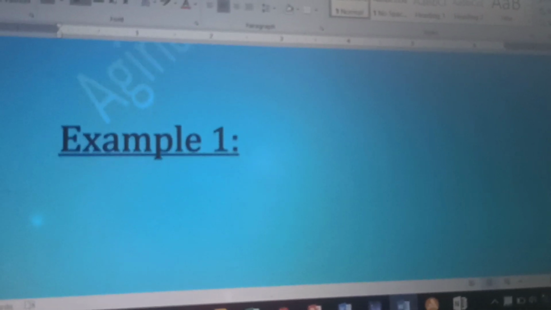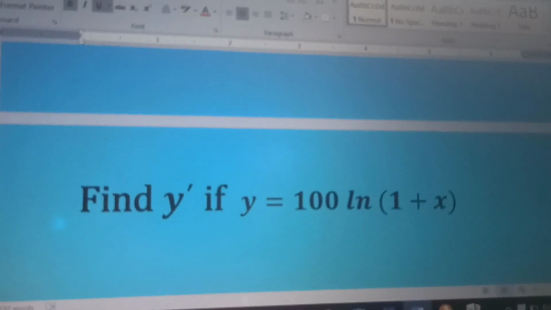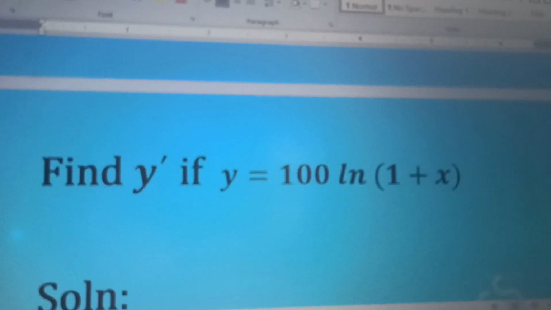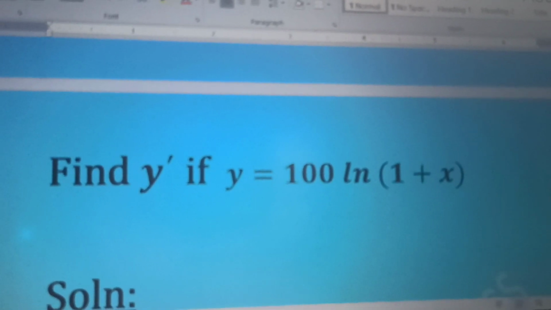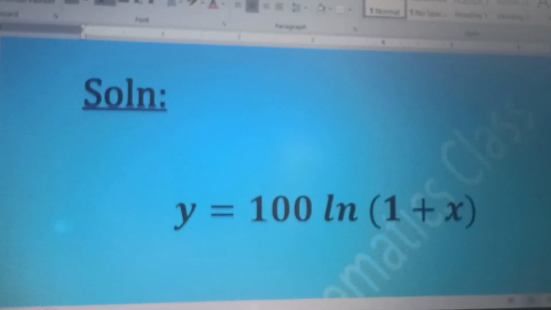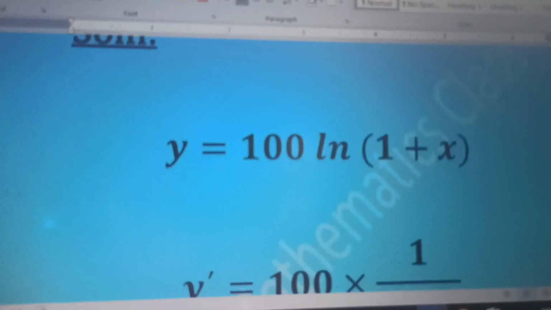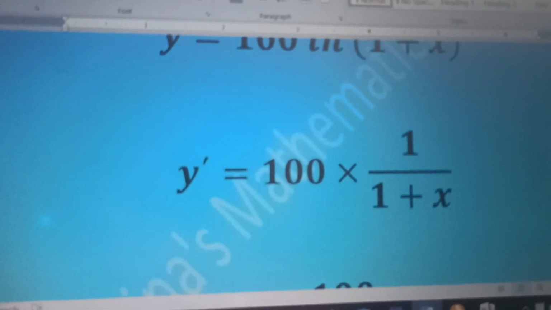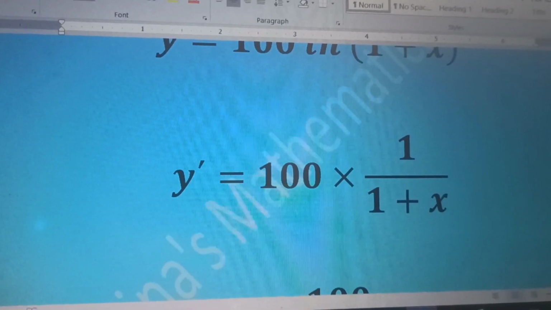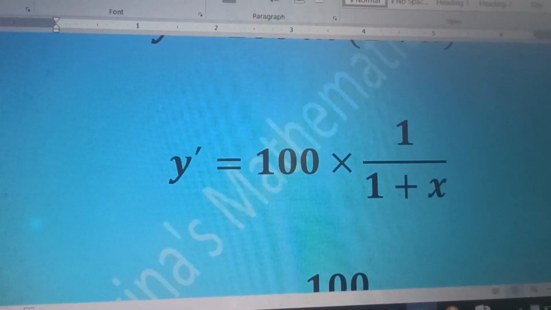The first example is to find the derivative y prime if y is equal to 100 ln 1 plus x. Let's see the solution. Y is equal to 100 ln 1 plus x. Y prime is equal to 100 times 1 over 1 plus x.